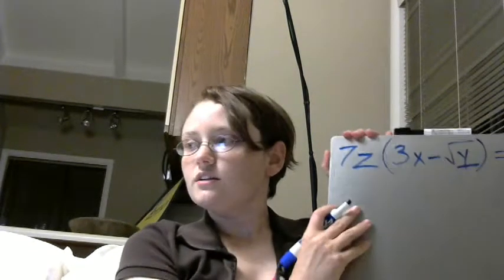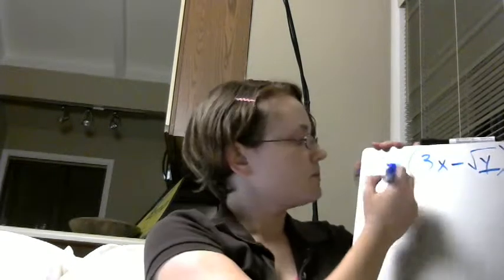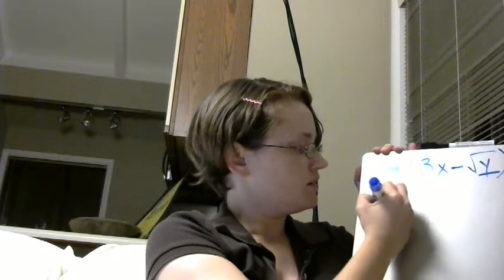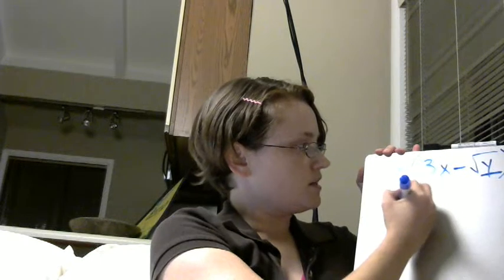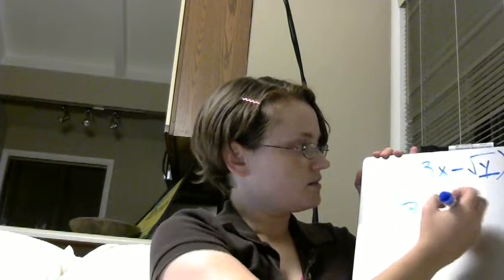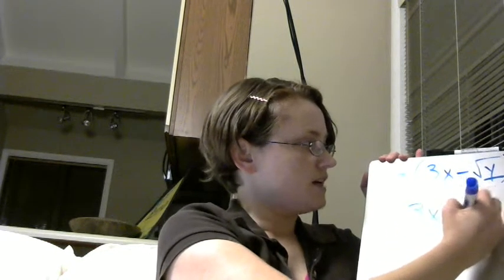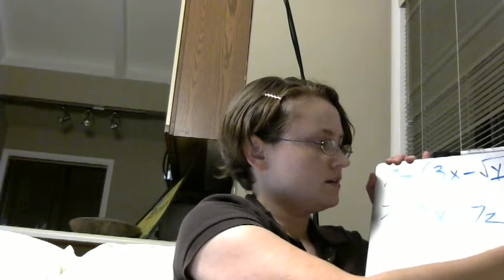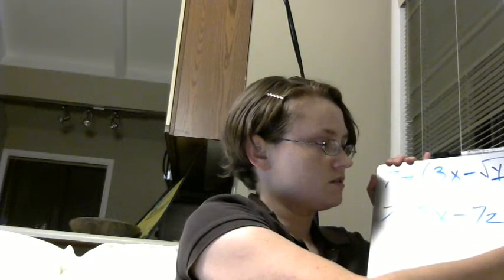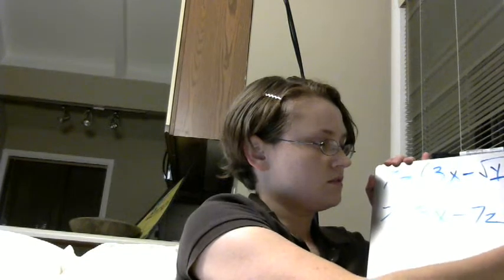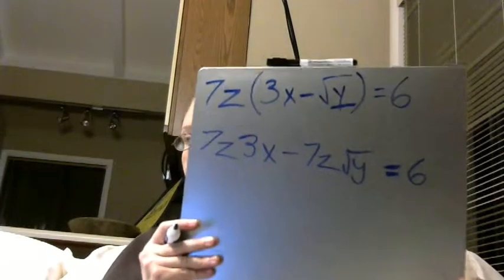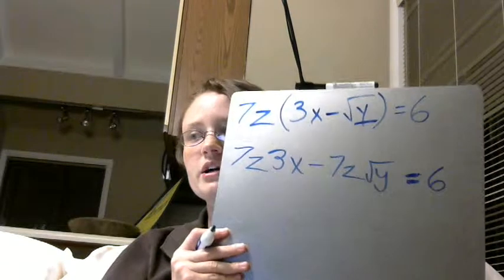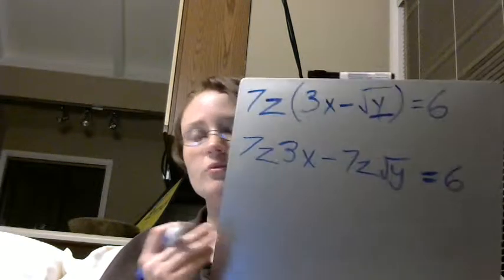In doing that, we get 7z times 3x minus 7z times the square root of y equals 6. Now I've distributed, and we've gotten rid of all our parentheses.